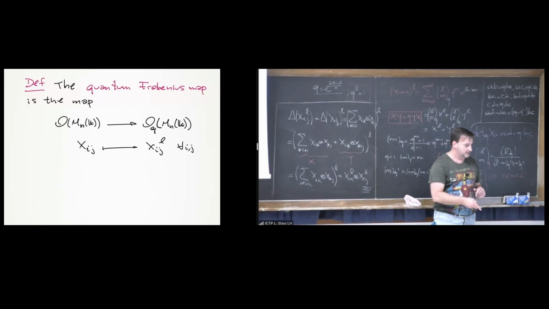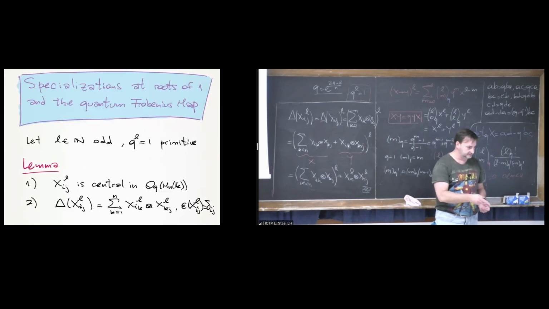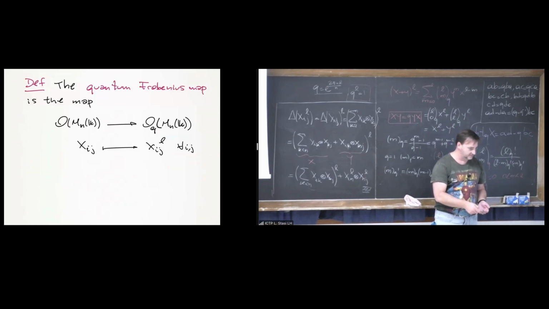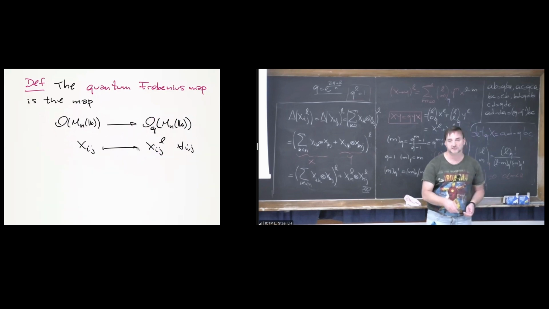So on the left-hand side, everything is commutative. And when we go here, the image is commutative, and the elements here are central. So this map respects the commutativity. Everything that we have here, we have it here, and it is injective.